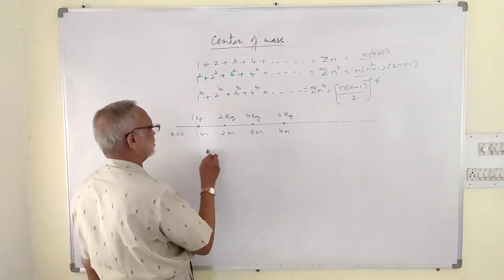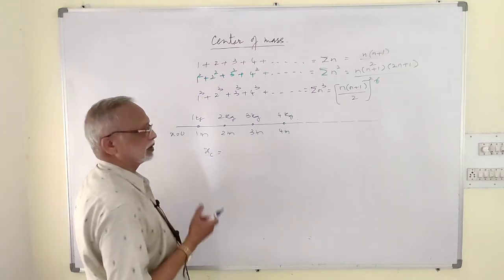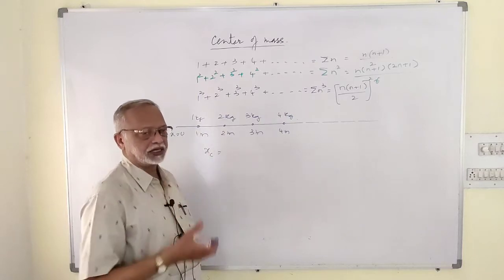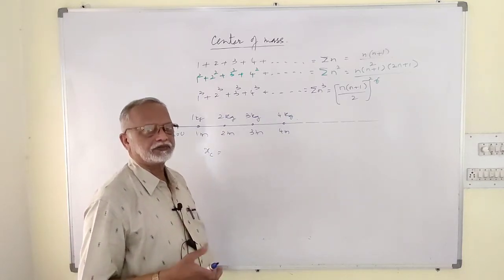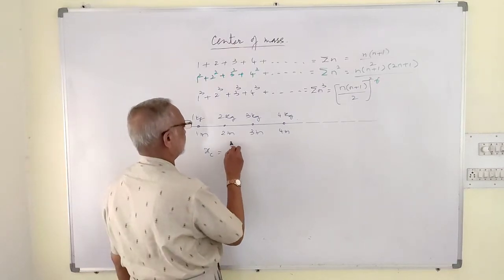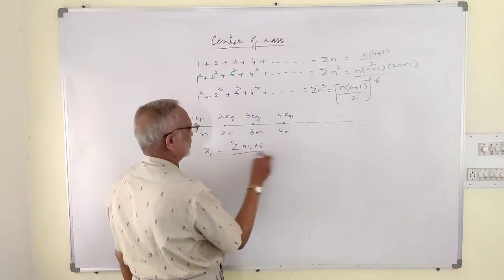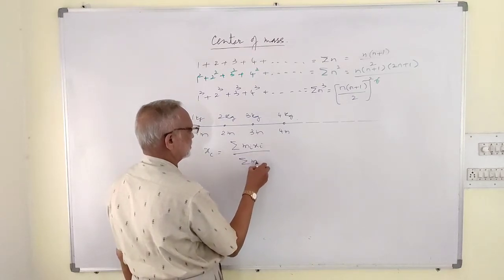Now let us write the formula. All of them are along x-axis and all of them have got only x coordinate. The center of mass also will be having x coordinate. Xc is equal to sigma mi xi divided by sigma mi.